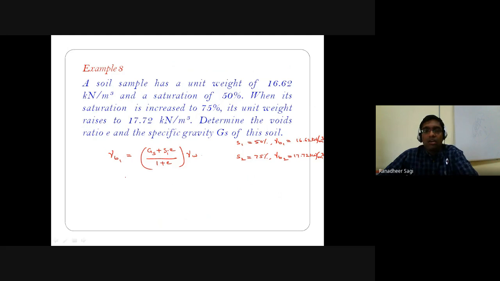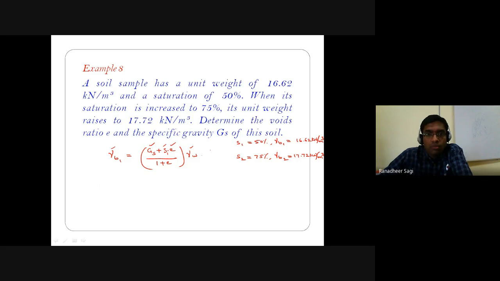Okay, so I have two unknowns which are required to be calculated. In this expression, specific gravity of soil solids is unknown, void ratio is an unknown, whereas your degree of saturation is known, bulk unit weight of the soil is known, gamma W is a constant value. Okay, so for case 1, that's nothing but for S1 is equal to 50%, gamma B is nothing but 16.62. So I can make use of the two data that we have for different degrees of saturation.